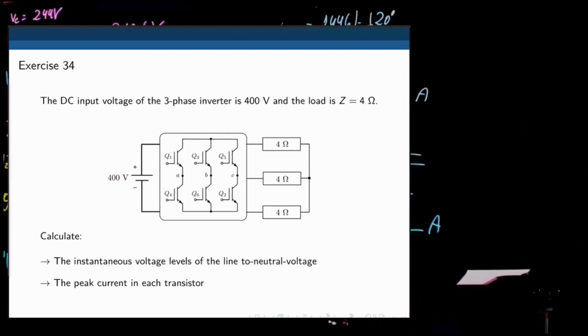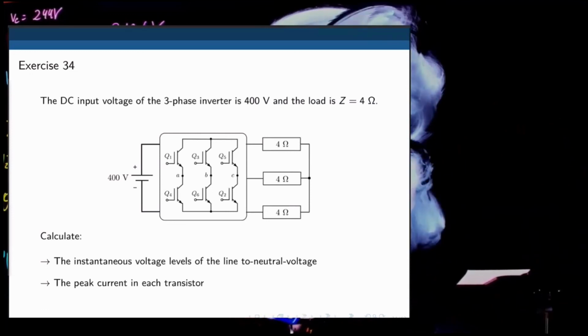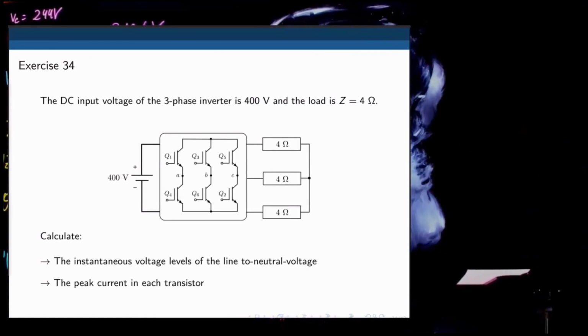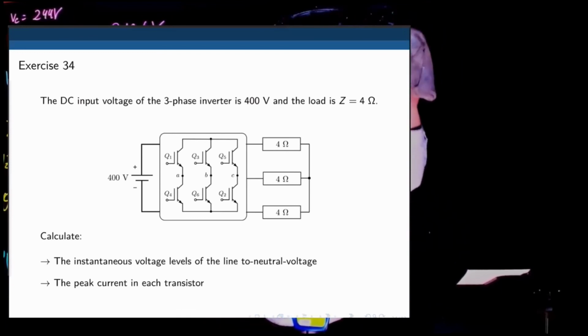What are those levels? Is it 1/3 and 2/3? It's 1/3, 2/3, plus minus, so we have either those levels or 0. So that's done. And what is the peak current through each transistor?